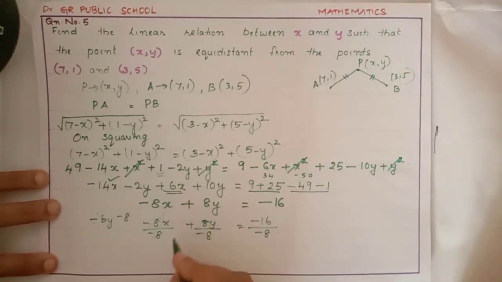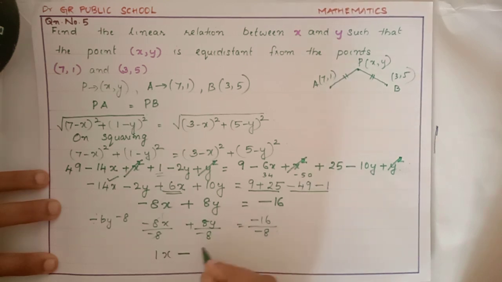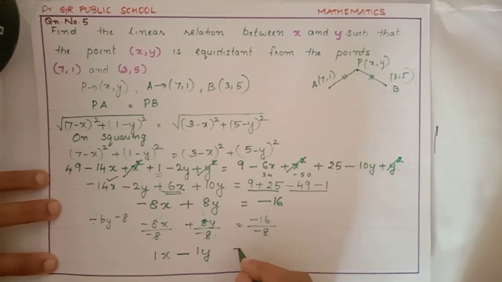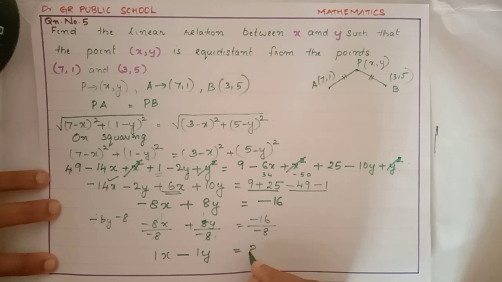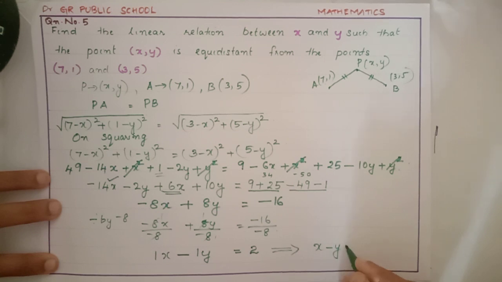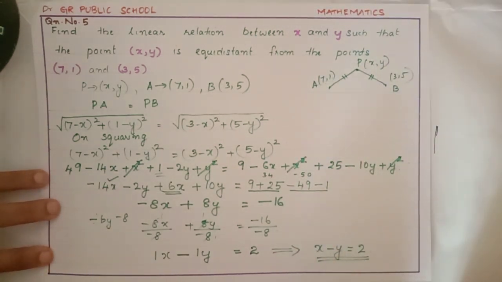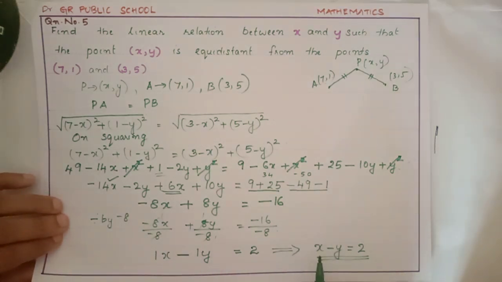We get x, and here positive by negative, negative y, equal to negative by negative, positive 2. That we can write as x minus y equal to 2. So this is the linear relation between x and y. You know why it is called linear? The power is 1, isn't it children?